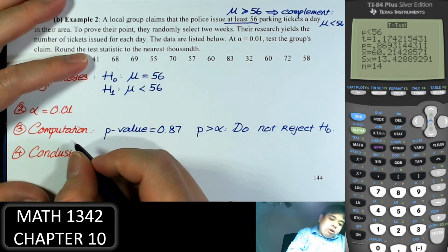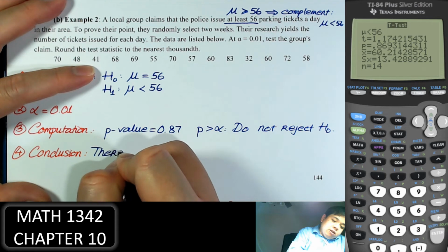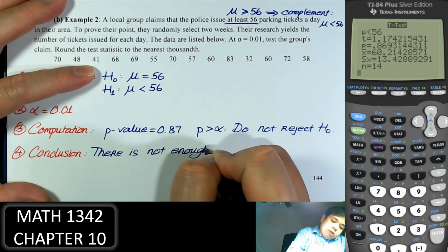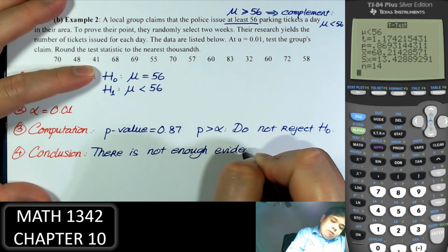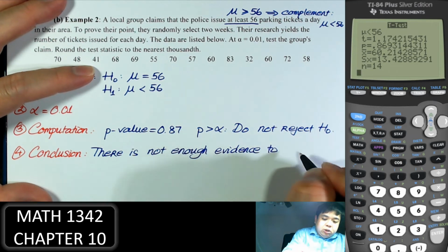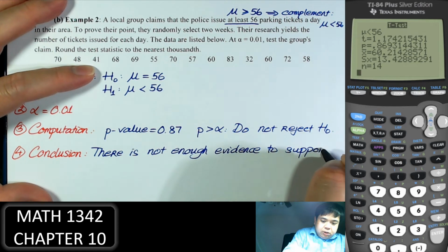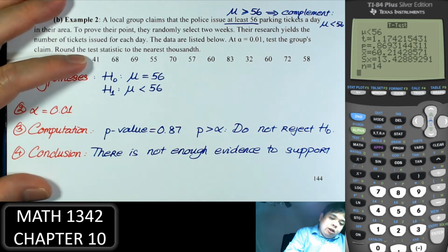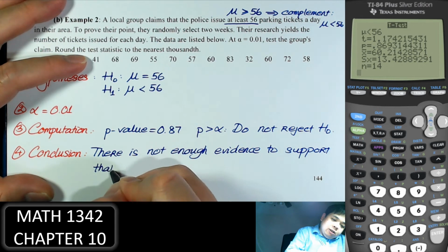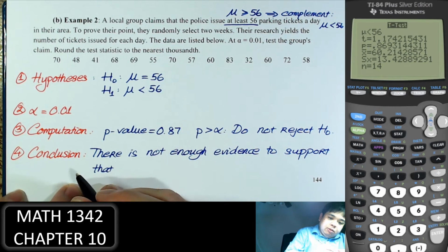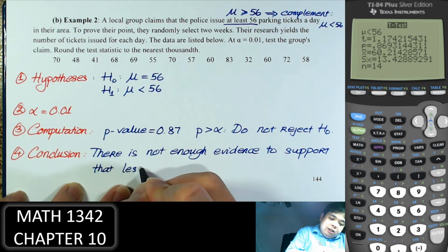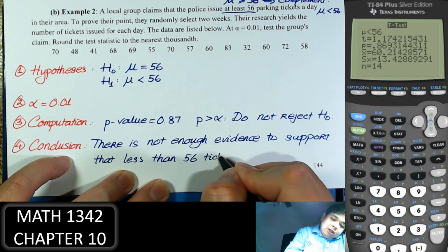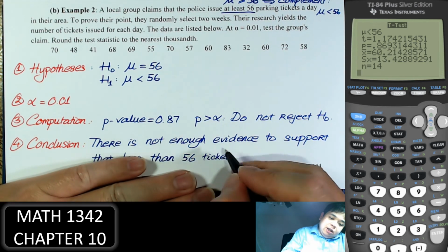Do not reject, so there is not enough evidence to support that claim, to support that less than 56 tickets issued per day.